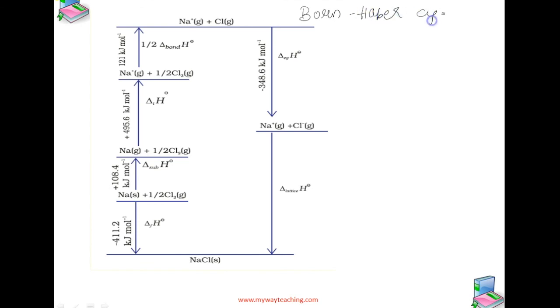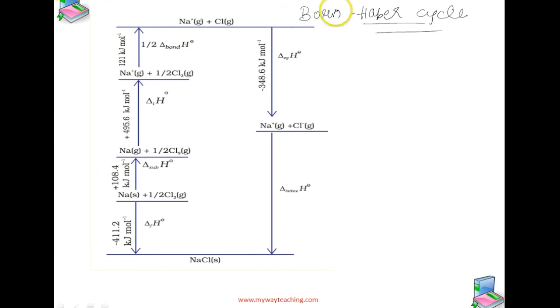In this you can observe what I have just discussed, steps 1 to 5. The importance of the cycle is that the sum of the enthalpy changes round a cycle is 0. So this is the Born-Haber cycle.